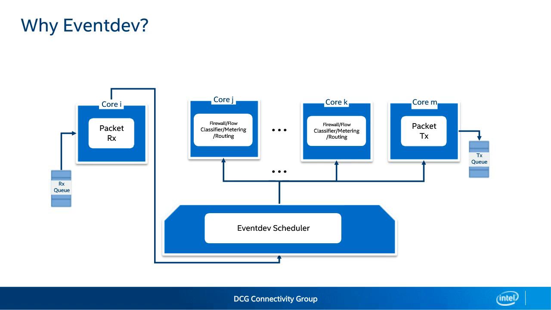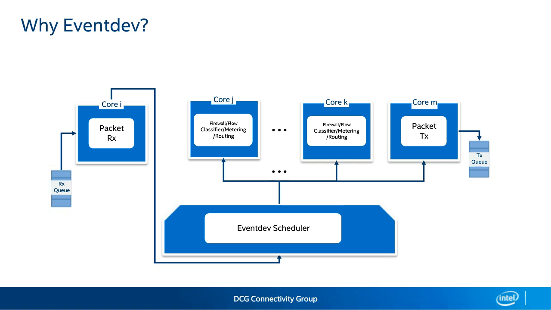So because of that, you cannot send it out directly. It may look like it would be more efficient and faster to send the packet out directly, but then you cannot support ordered and atomicity kind of thing. So you need to always loop it back, and then the eventdev will send it out.